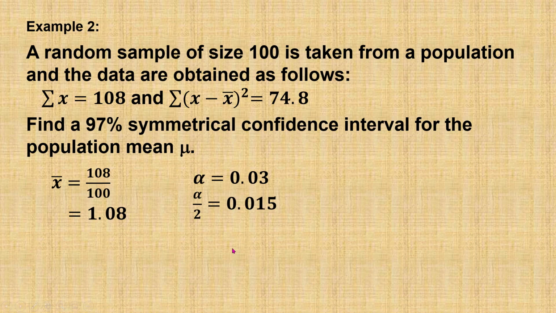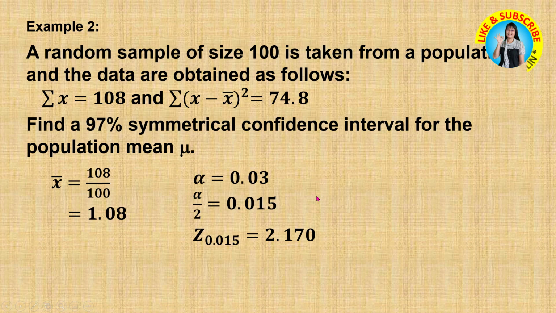And from the normal table, the probability of Z greater than 2.170 is equal to 0.015. So therefore, the Z value is 2.170. Then, in this question, we are not given the population variance.